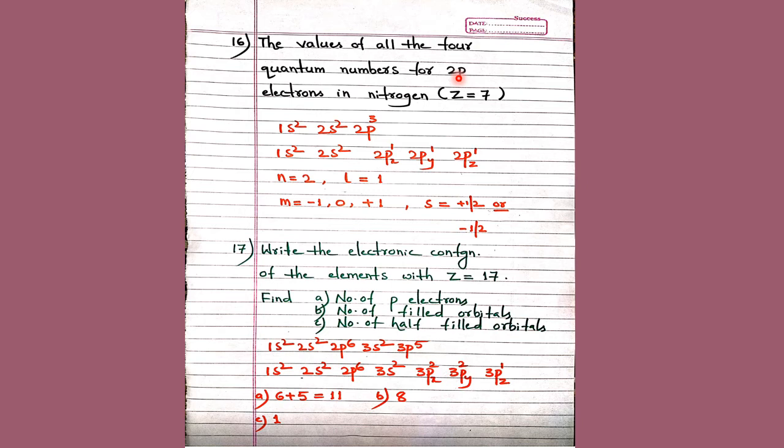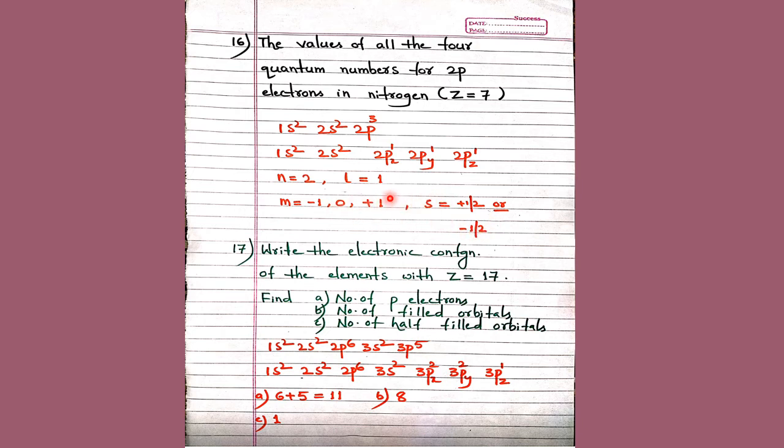The capacity of 2p is 6 electrons. If there is 1 electron, it is either spin up or spin down. If there are 2 electrons, one will be spin up, one will be spin down. So the ms value is what? Spin value is either plus half or minus half.